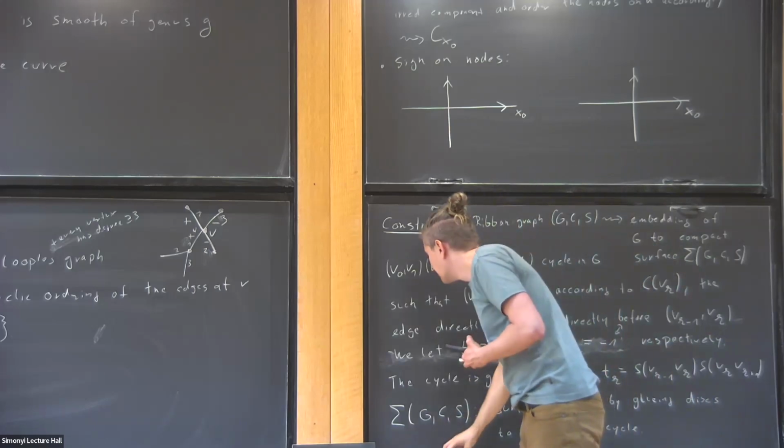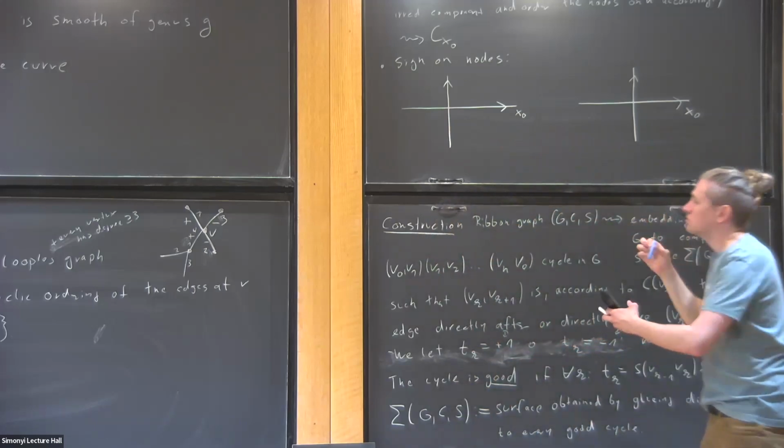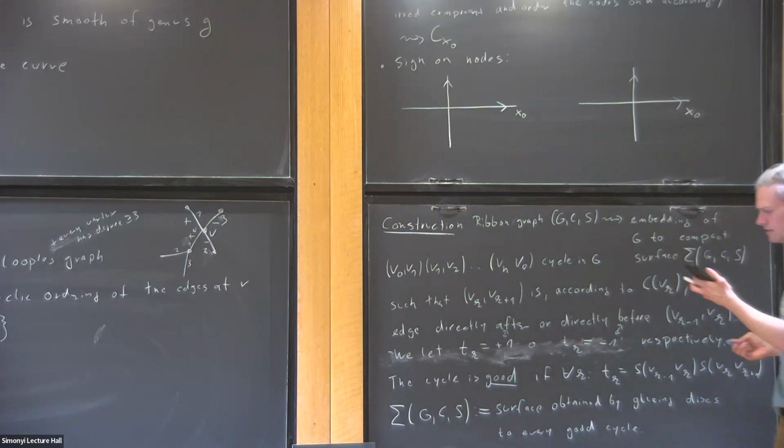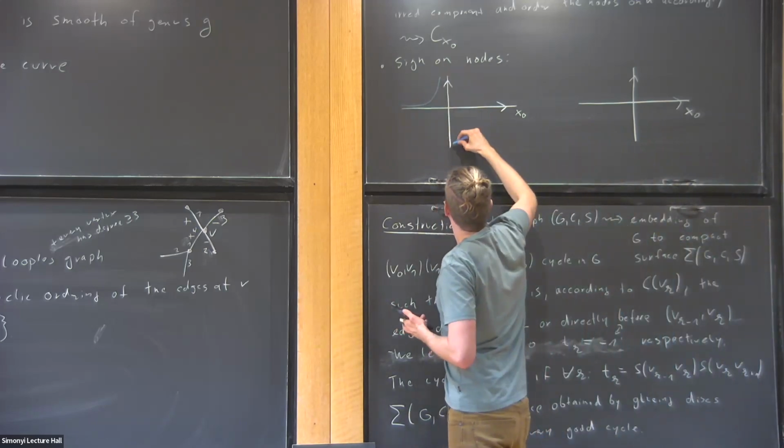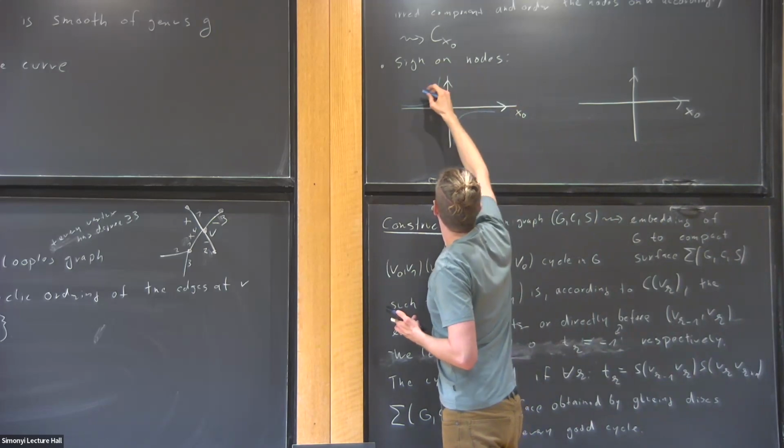You have two rational curves intersecting, and here I have to be a little bit vague for the sake of simplicity.